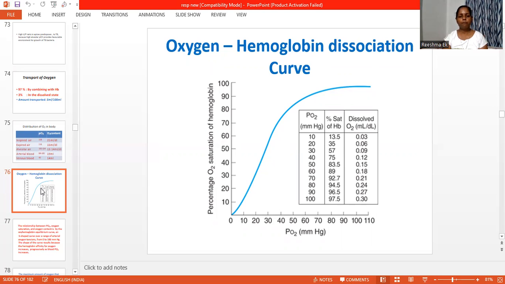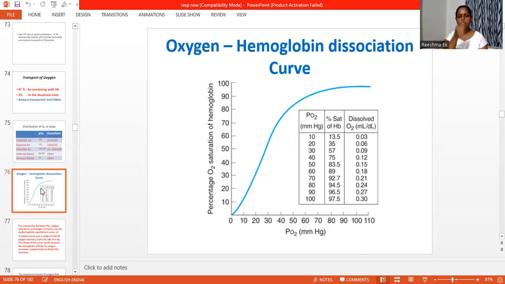The relationship of oxygen with hemoglobin means the association of oxygen with hemoglobin and dissociation of oxygen from hemoglobin. That's the meaning of their relationship.